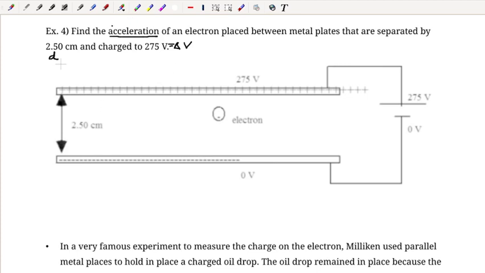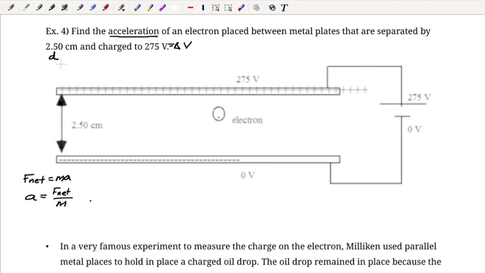Well, if you remember, all the way back probably from 10th grade, we had this equation that said F net equals mass times acceleration. So if I can figure out my force on the electron, then I can figure out what the acceleration on the electron would be, because acceleration is going to be F net over m.